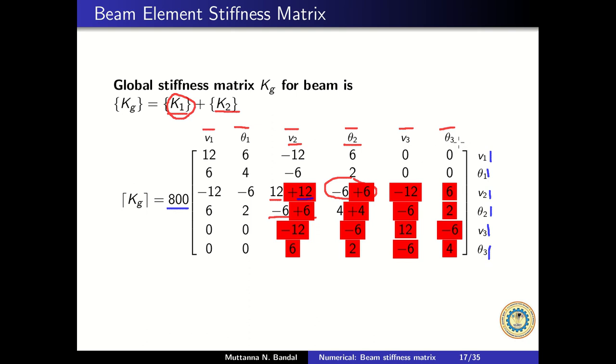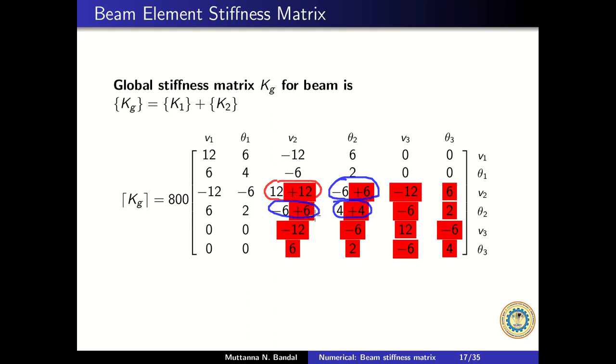V3 is not overlapping, theta 3 is not overlapping. Only the overlapping terms are this, this, this and this. So wherever V2 theta 2, V2 theta 2 are there, those are overlapped.